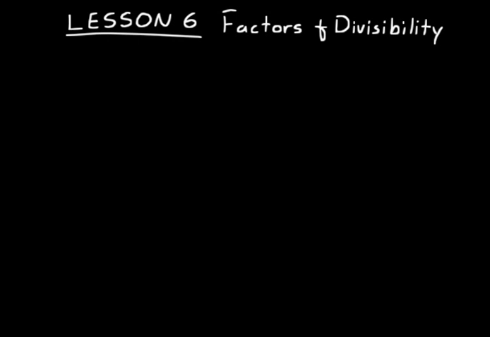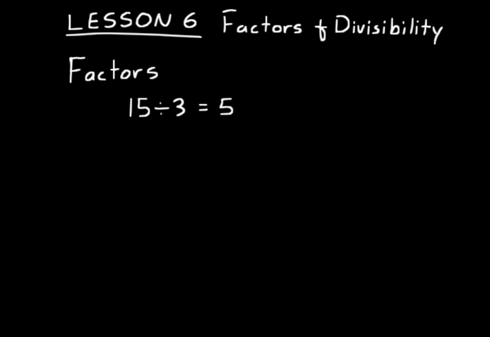Well, this lesson is on factors and divisibility. Factors are whole numbers that can divide another whole number, and you just get a quotient that doesn't have a remainder. For example, if you did the problem 15 divided by 3, you should know that that equals 5. That quotient is just a whole number.